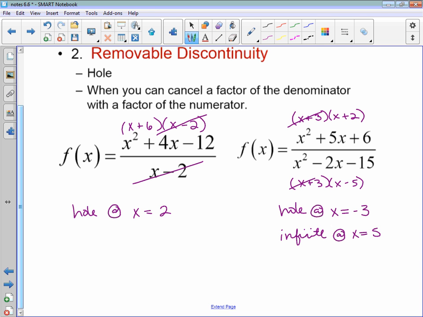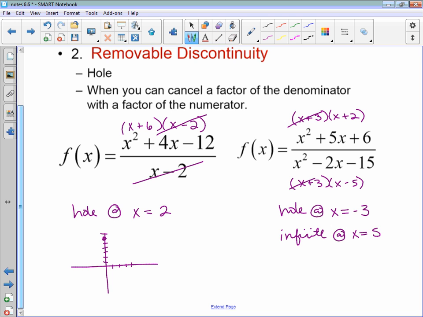Okay. Question so far? Easy so far? Yeah, so if you graph, like, if I go back and graph this first one, after they cancel out, I'm just left with the line y equals x plus 6, so that's 1, 2, 3, 4, 5, 6.